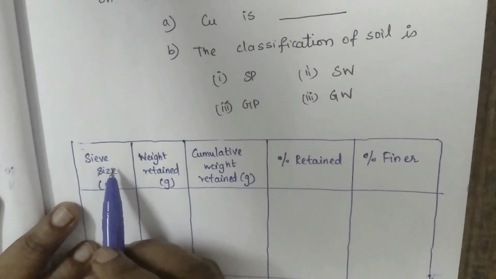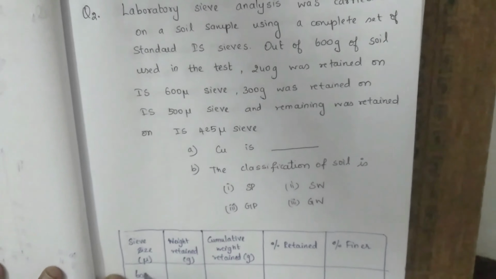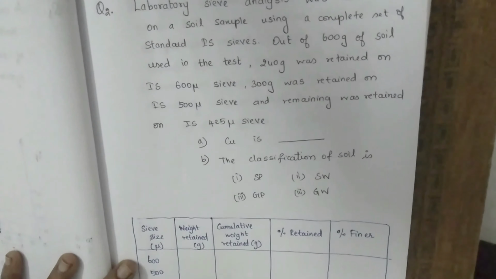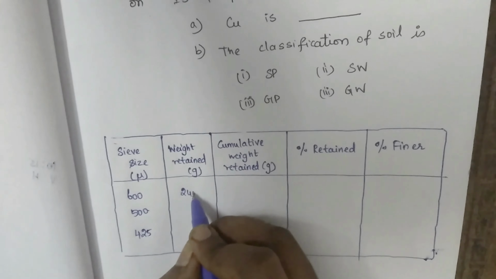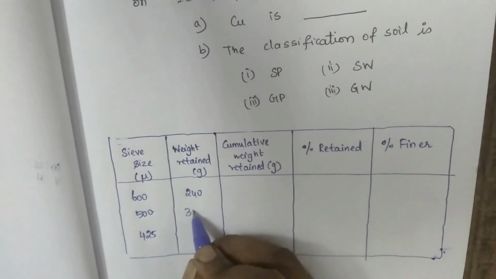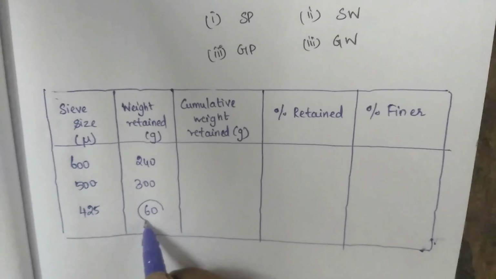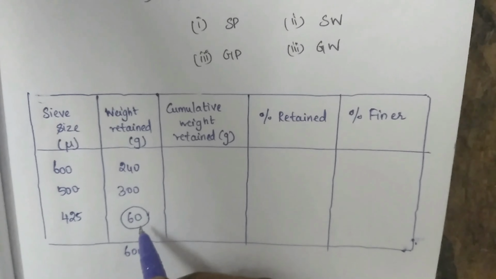The sieve sizes given are 600 micron sieve, 500 micron sieve and 425 micron sieve. And the weights retained are 240, 300 in the 500 micron sieve. Total is 600. So the value retained in the 425 micron sieve will be 60 grams.